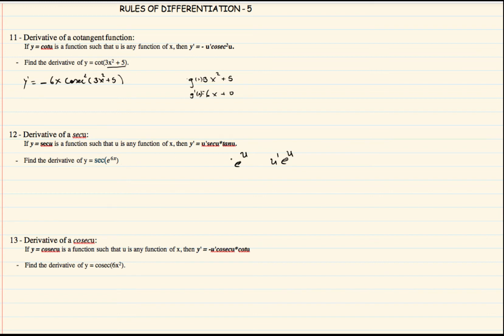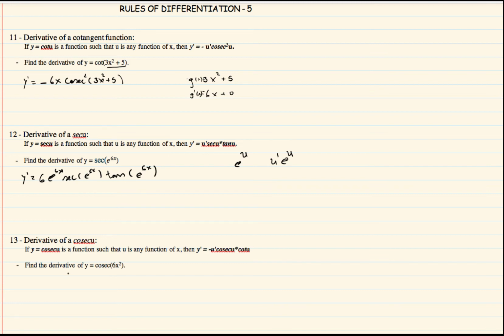So that's what we will do over here. y dash is equal to the derivative of this argument 6x, which comes down as 6, multiplied by e to the 6x. This is the derivative of the argument. Now all this is multiplied by the secant of that argument and also by the tangent of that argument.